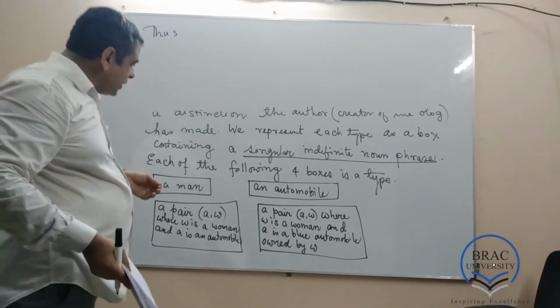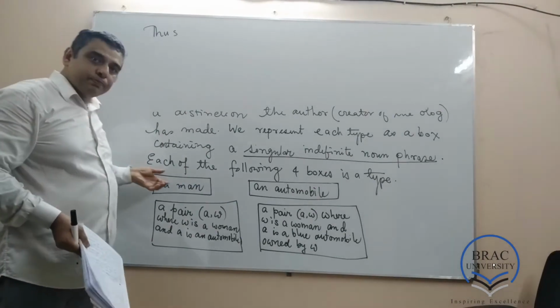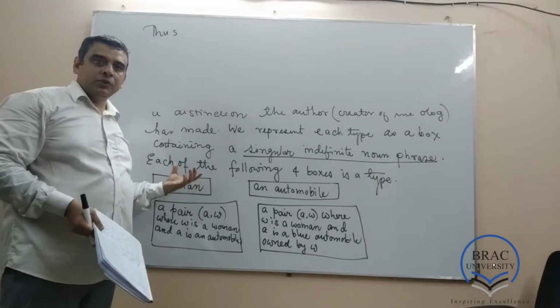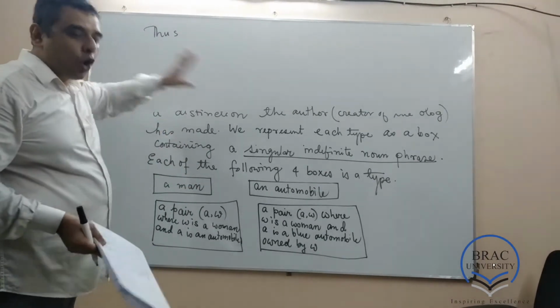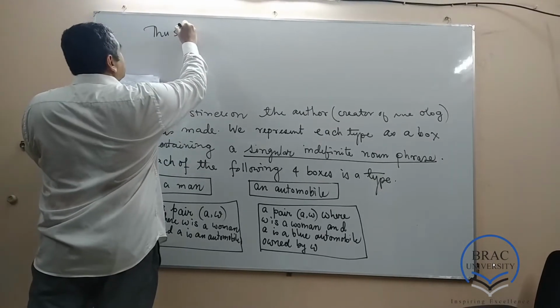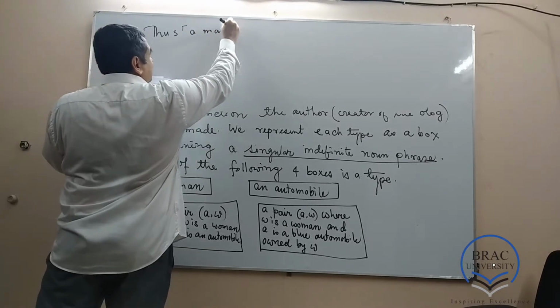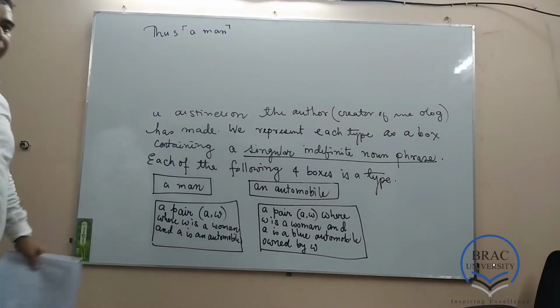But whenever we try to put them in the text, we do not put them in boxes. We put them in corner symbols, like I'm doing now. This is the corner symbol.